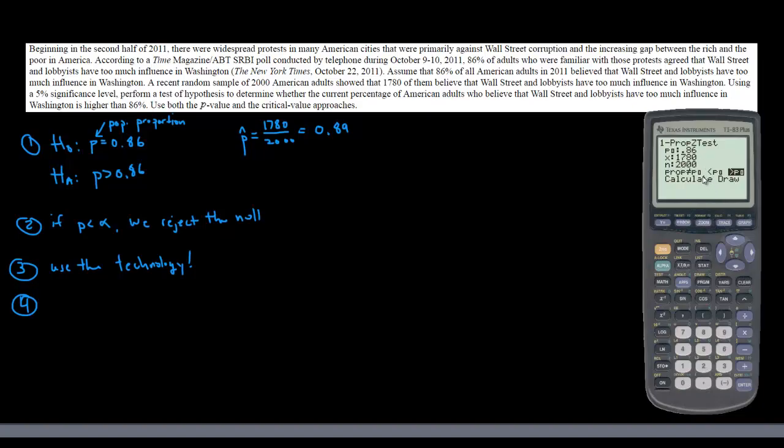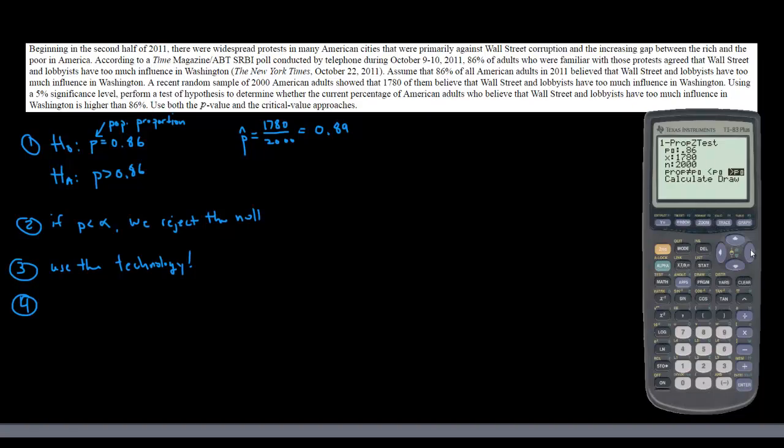Okay? Now what are we trying to do here? This option would be saying that there is a difference, that the proportion has just changed. Well, we're not concerned if it's just changed. This option right here is telling us that's a left tail test, saying, has the proportion gone down?